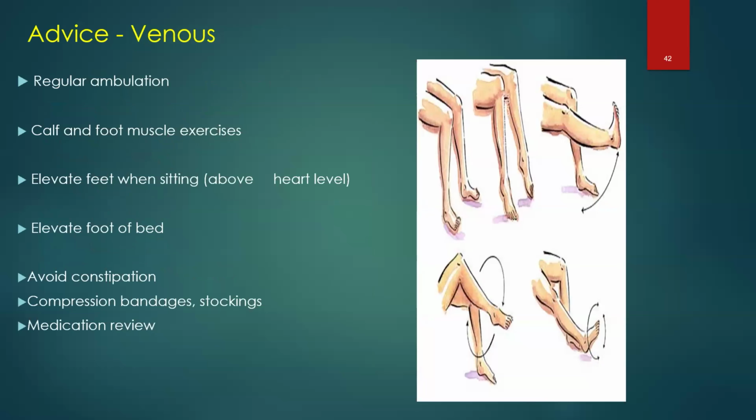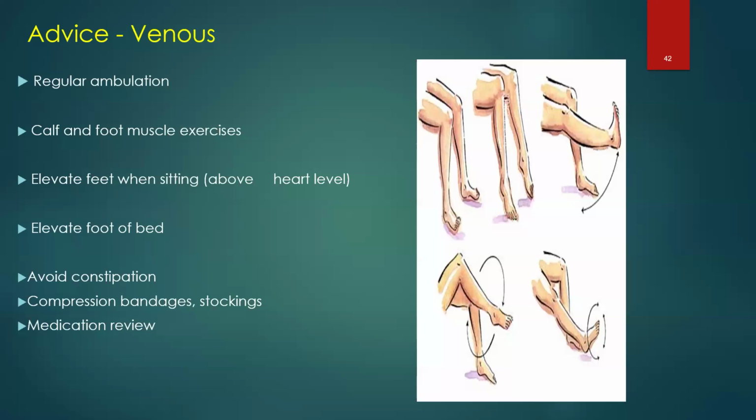Okay, ambulation is encouraged if the patient can tolerate it, calf muscle exercises, elevation of the feet when they're sitting, and they are encouraged to elevate above the heart level to improve venous return, and elevation of the foot of the bed, especially for those who have venous disease. It's a problem with most of the patients, most of them are not willing to do that, but it is encouraged, because this improves venous return.